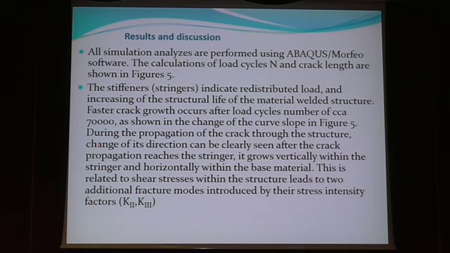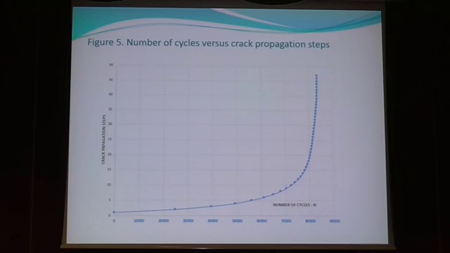We have noticed change of its direction. It could be clearly seen after crack propagation reached the stiffener, because it has grown vertically for a while and then once again horizontally through the base metal. And this we have related to the shear stresses, which are of course immanent for a structure like this.